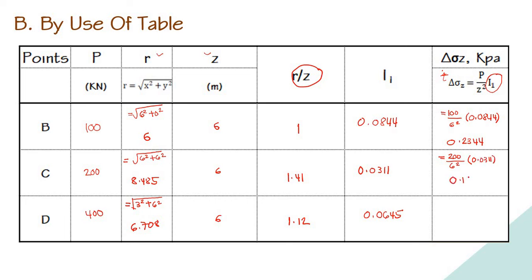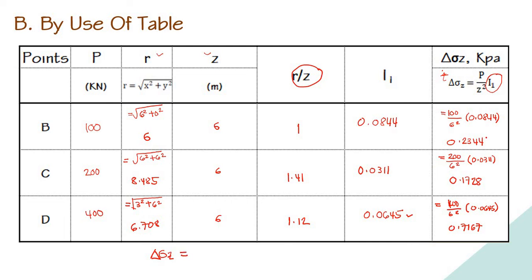This is 0.1728. And then finally, you have 400 divided by 6 squared times I1, 0.0645. This is 0.7167.